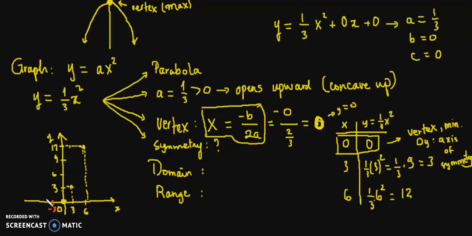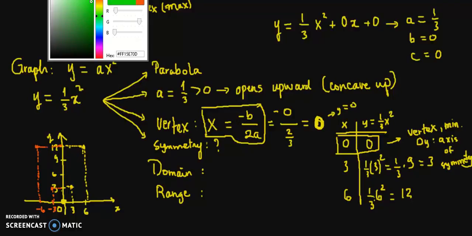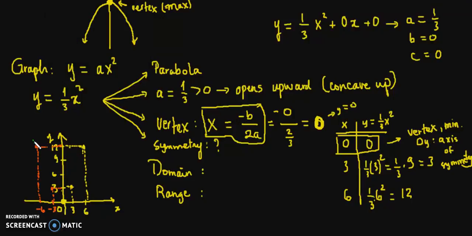-3 here, -6 here, and symmetry can match from this, okay, without having to find the other values because these are symmetric. So I can actually graph them by matching these.